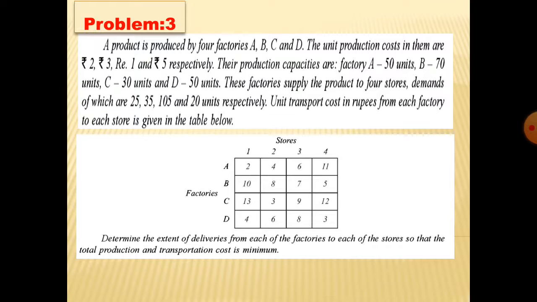We have to add the values 2, 3, 1, 5 respectively to the production, that is, to the cost. Okay, we have to apply it to the cost, and then we are going to get all the values effectively.